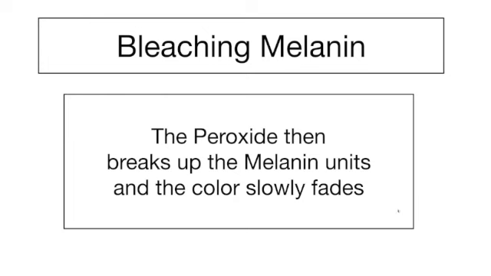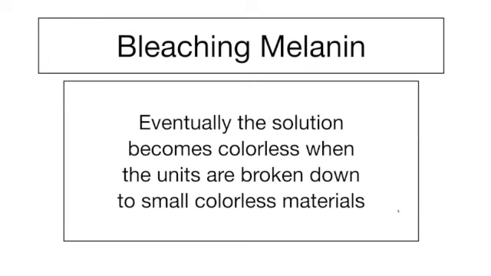But not only does it fade from the hair, it goes through those stages of lightening that we see, where first you have a very reddish brown, then it's an orange color, then it becomes a golden color, and on and on. Eventually, the solution becomes colorless when the units are broken down into small, colorless materials.